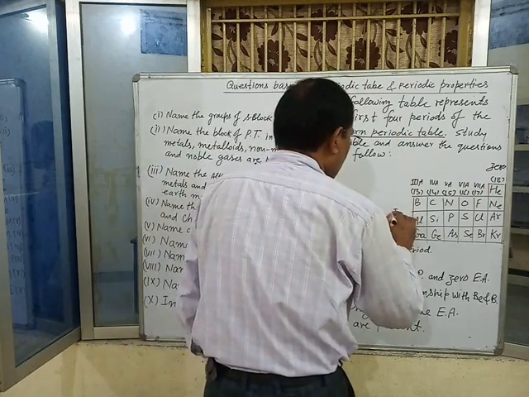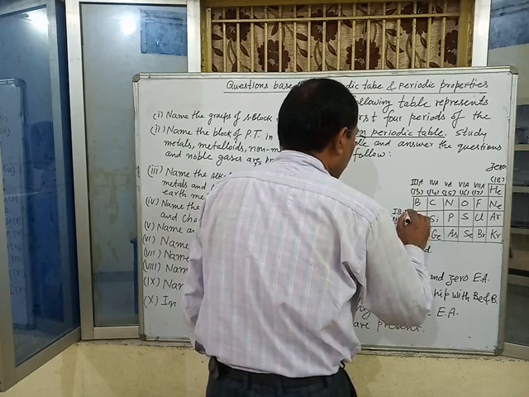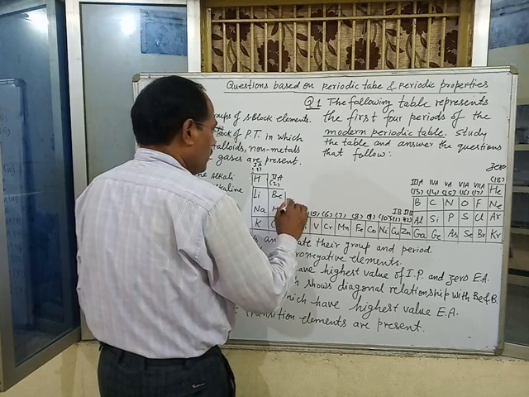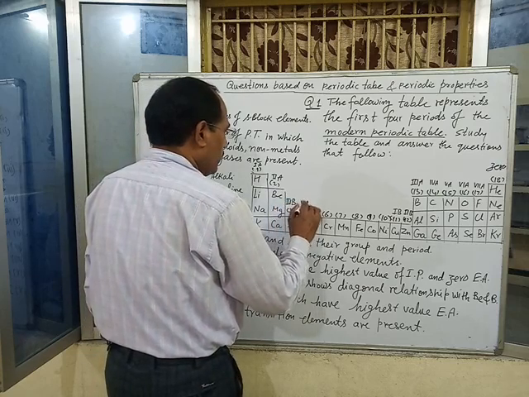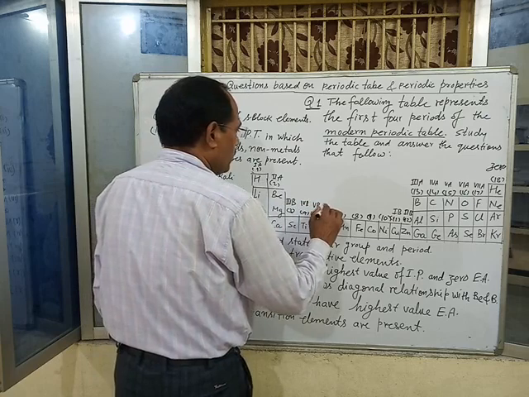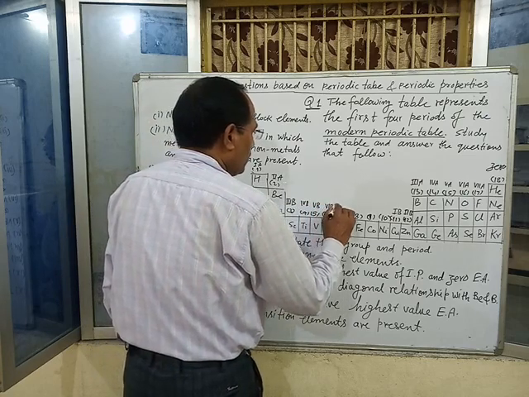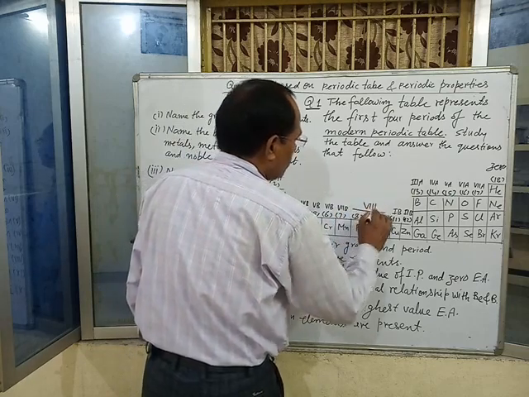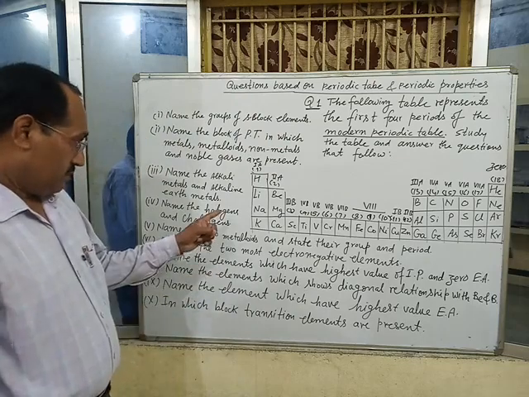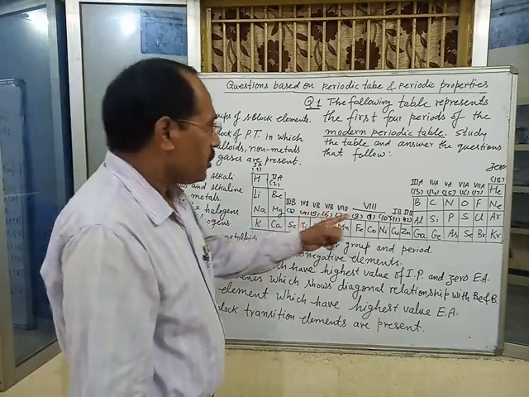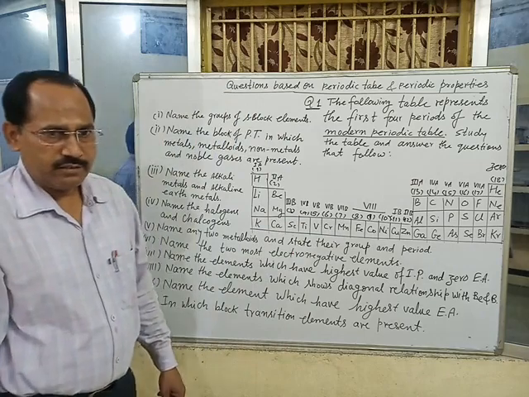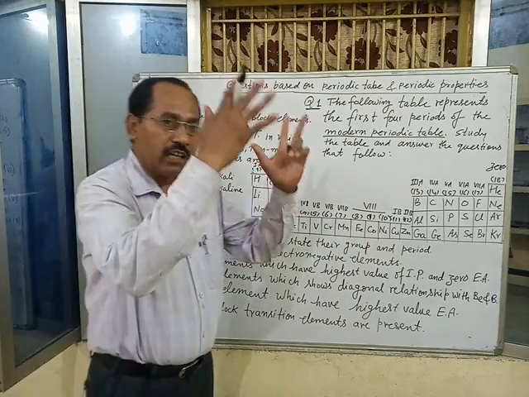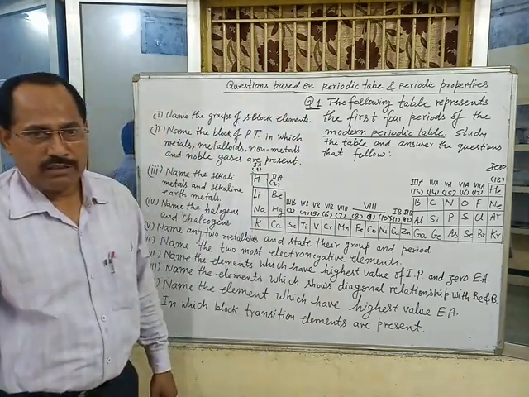First B, second B, third B, fourth B, fifth B, sixth B, seventh B, and eighth. There are only 16 groups and 18 columns in Bohr's periodic table.